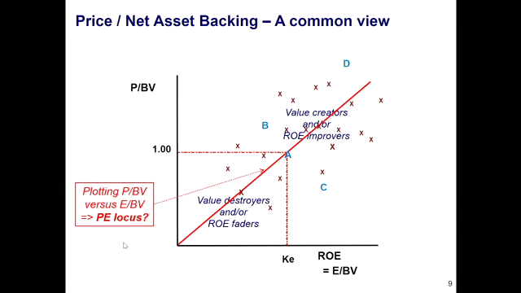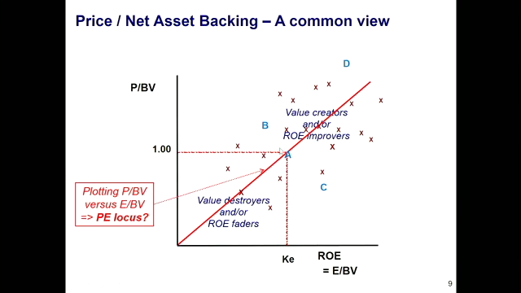So on this horizontal line here, we have the return on equity, and this cost of equity, the required return by equity shareholders, is sort of at this rate given an equilibrium market outcome. Any stocks, when they can generate a return on equity exceeding the cost of equity or required return by shareholders, they are generating value for shareholders.